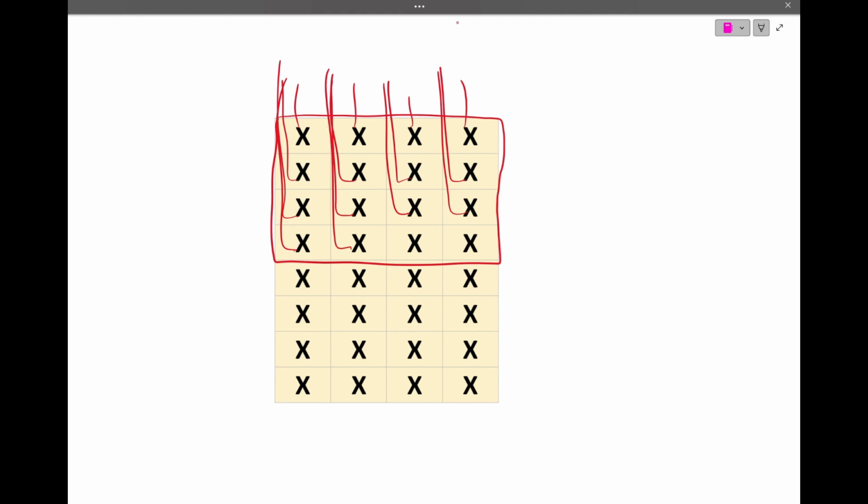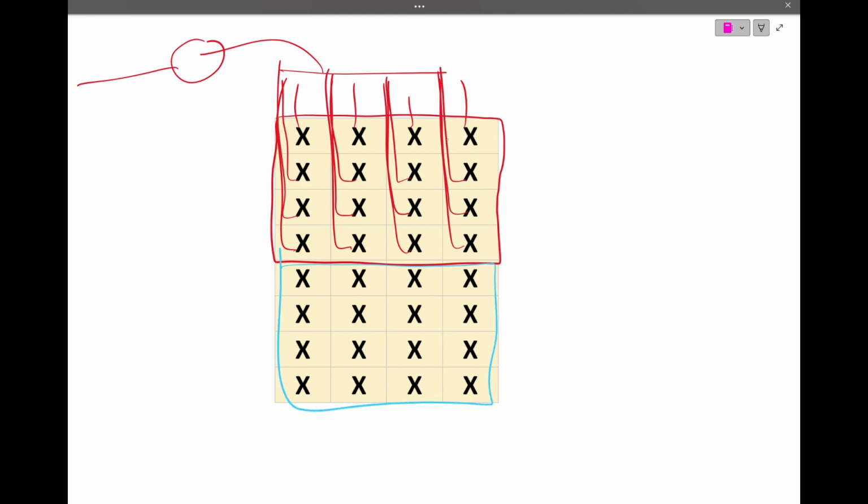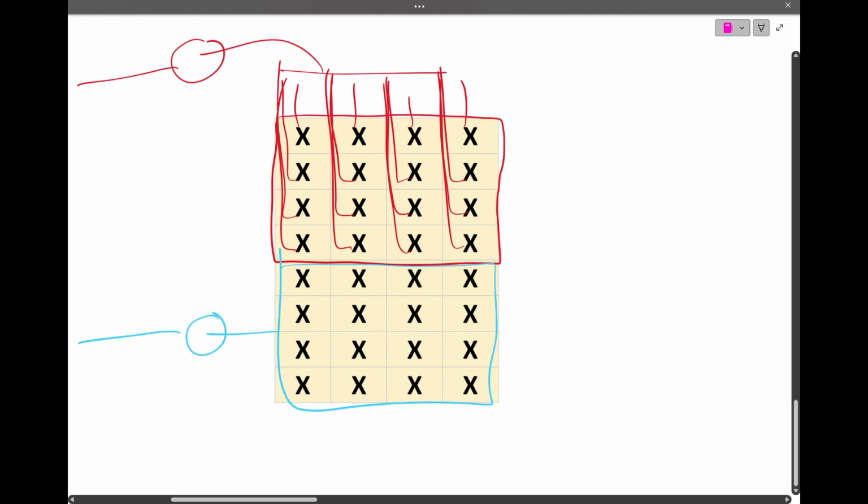So all 16 antennas are connected to a single input, and the remaining 16 are connected to another input.